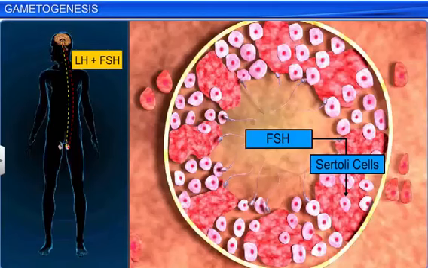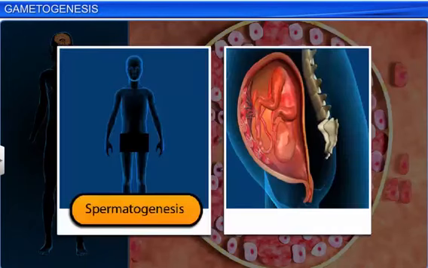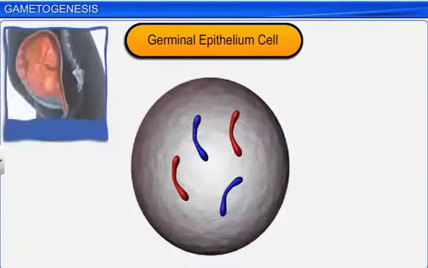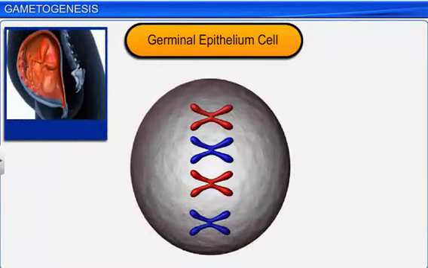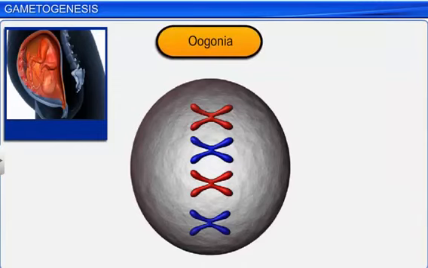While spermatogenesis occurs at puberty, oogenesis is triggered before a woman's birth. The germinal epithelium cells in the ovary of the fetus divide mitotically to form gamete mother cells called oogonia.